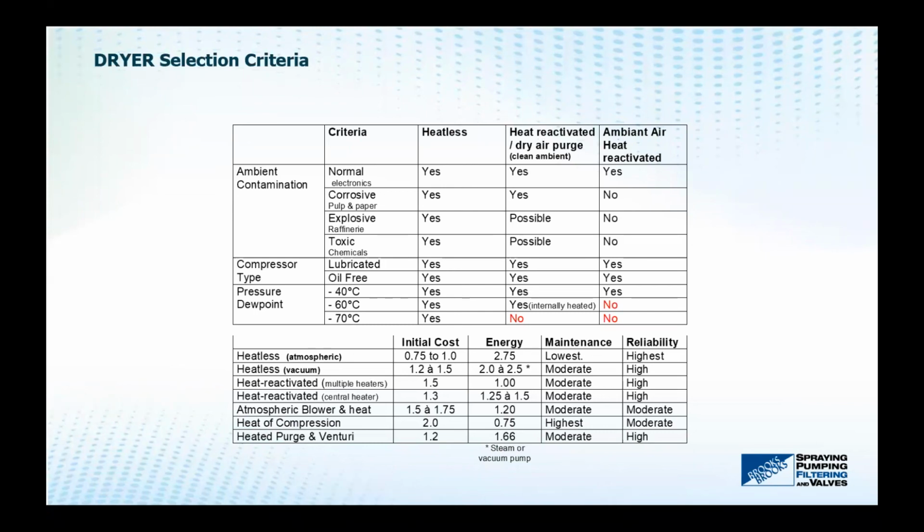They can't have times for shutdown. So a heatless dryer would be more the design that a customer may be interested in, but then they have to take into consideration that the operating costs would be higher. So we evaluate all the factors, so we can give the best recommendations for the conditions, for the industry that the customer is subject to.